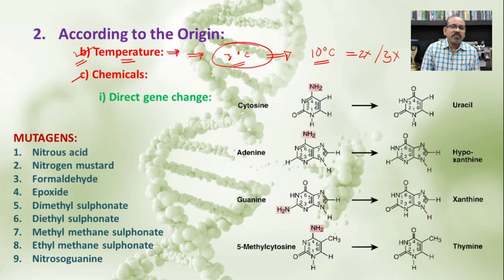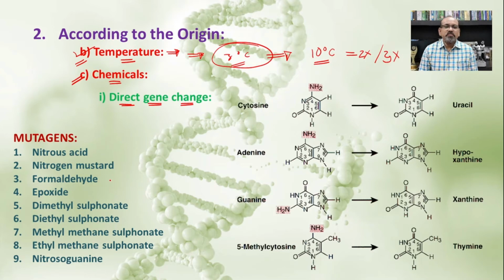The third mutagen is chemical compounds, which are responsible for changes in the nitrogen bases of the DNA. They are classified into two types; the first one is direct change.